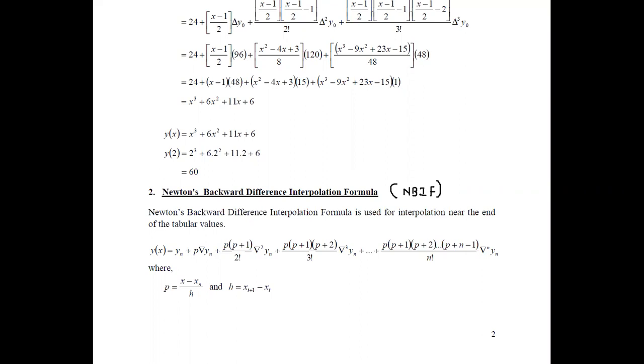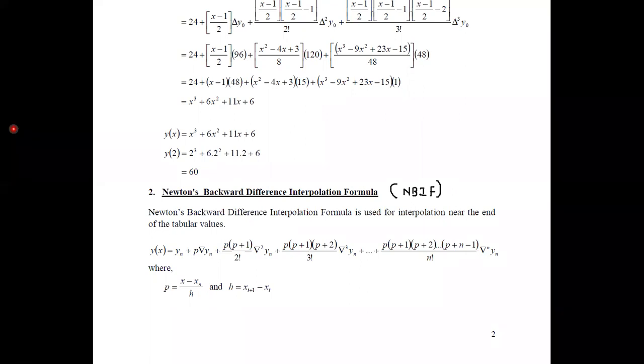When we discussed Newton's forward interpolation formula, you learned that we can use the NFIF method, or forward method, to interpolate or estimate values at the beginning of a set of tabular values. And now we can use Newton's backward interpolation formula if you need to obtain the interpolation near the end of the tabular values.